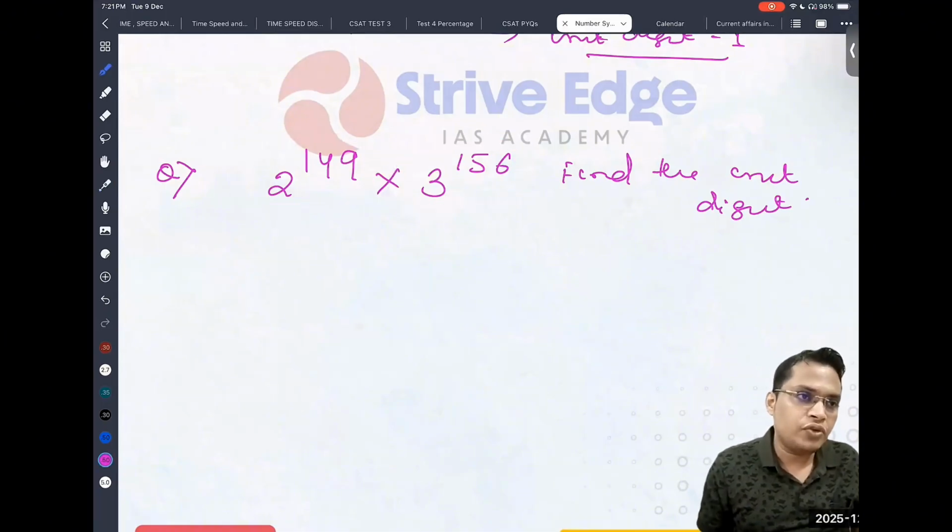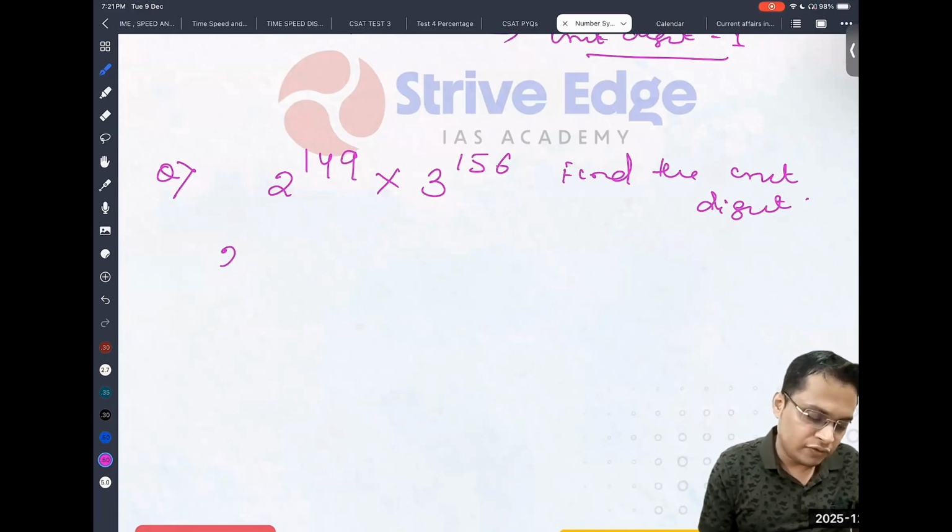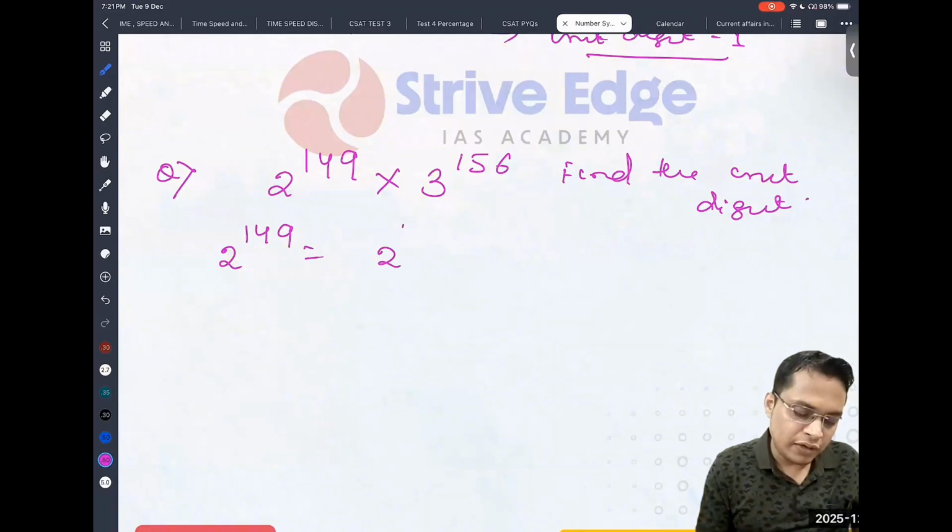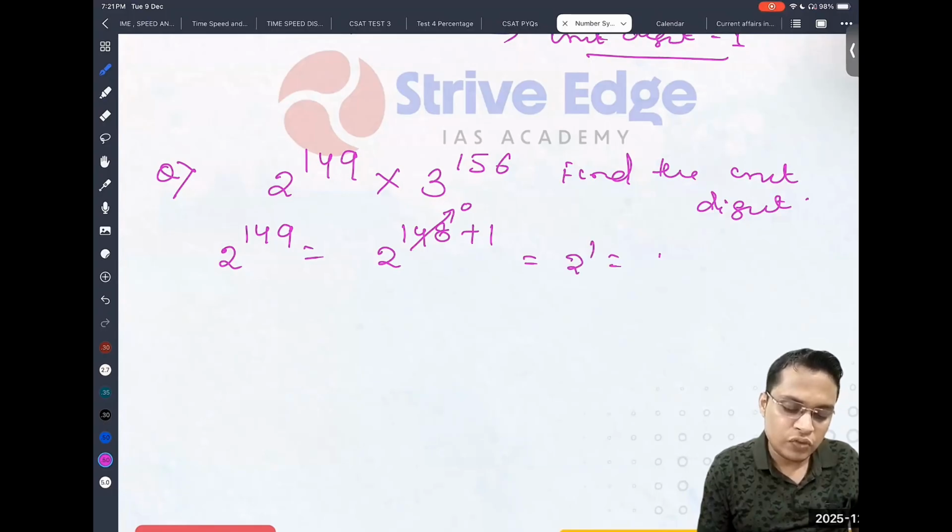So how are we going to solve this? Please listen very carefully. First I need to write 149 as a multiple of 4 plus something. So I can write 2 to the power 148 plus 1. It is a multiple of 4, so we eliminate it. So it is 2 to the power 1, so the unit digit is 2.